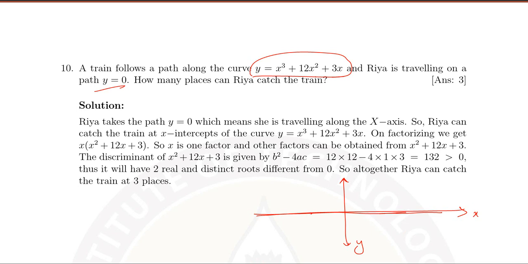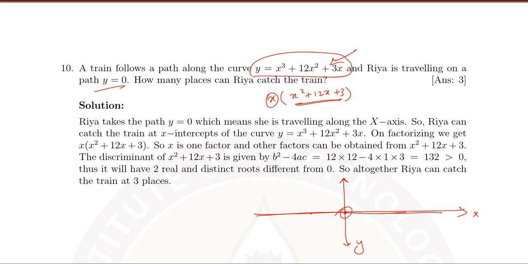So it is good to know at how many points this curve cuts the x-axis. Clearly from this equation we can take x common, and write it in the form x times x square plus 12x plus 3, correct? So at x equals 0, this curve will come here, right? It will touch the x-axis.